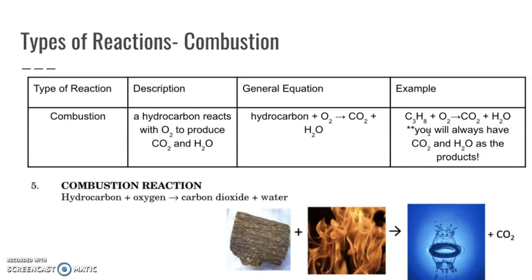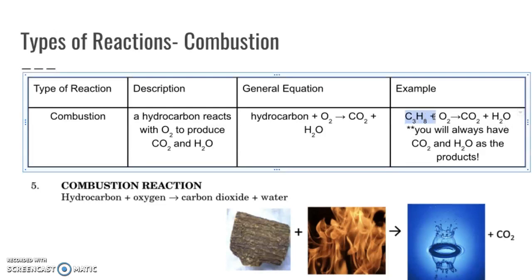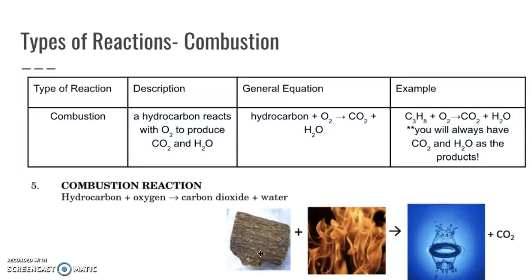So if you look at a reaction and you have CO2 and H2O as your products, you can automatically, most of the time, assume that you have combustion, as long as, if you flip back to the reactant side, you have a hydrocarbon, meaning there's carbon and hydrogen in your reactants, okay? So an example, a hydrocarbon could be wood, mixing it with oxygen that produces the flame. It's going to be water and carbon dioxide, all right?